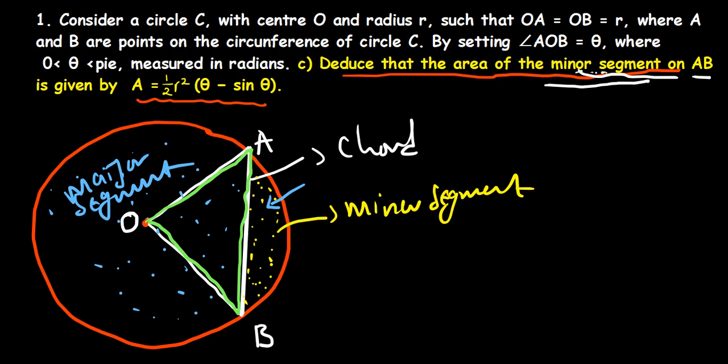So we are going to say area of the minor segment is just equal to area of the sector OAB minus area of the triangle OAB. So you must put a triangle here.